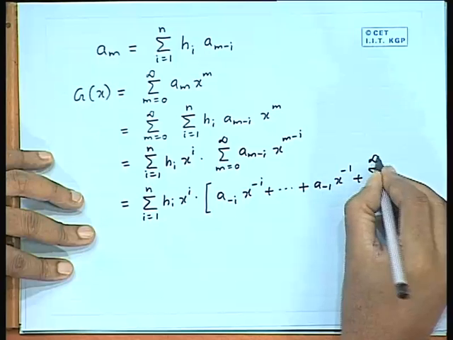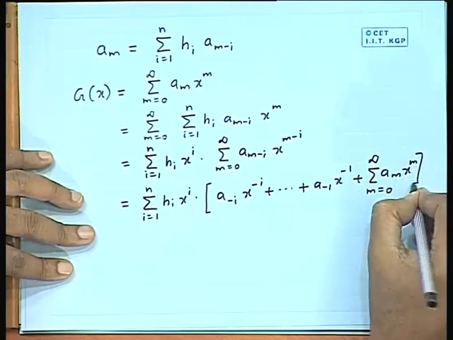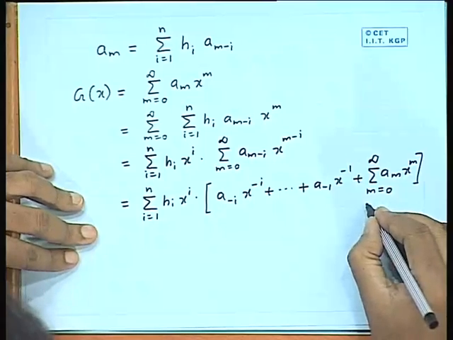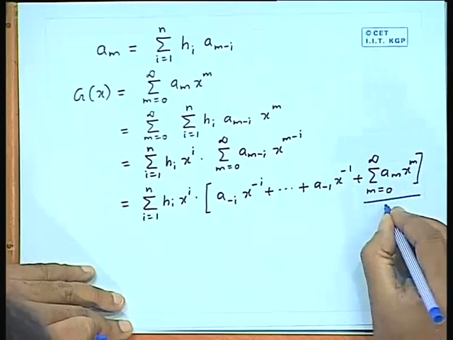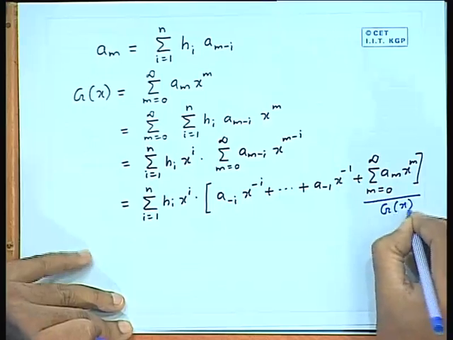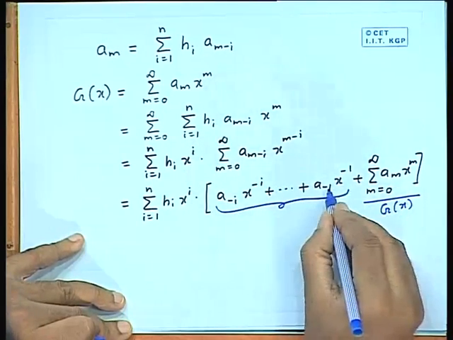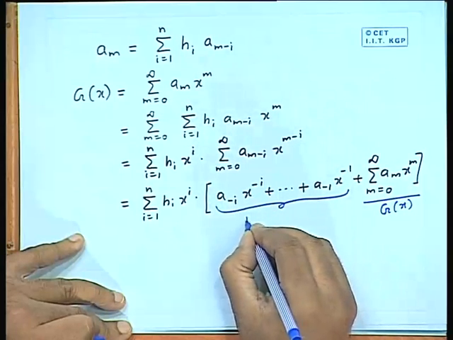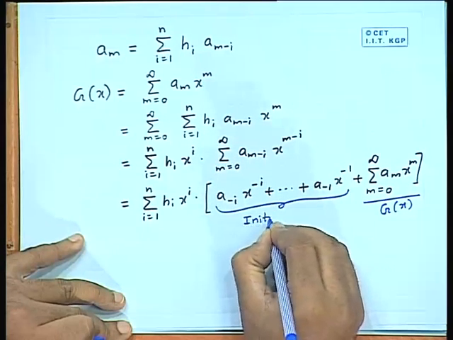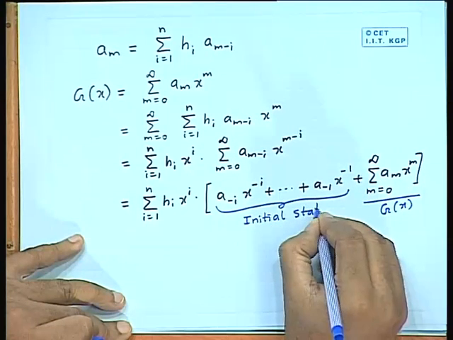the summation over m equal to 0 to infinity of a(m) x to the power m. Now, this is nothing but G(x), and this term, a(-1) to a(-i), is nothing but the initial state of the LFSR, the initial value which was loaded.